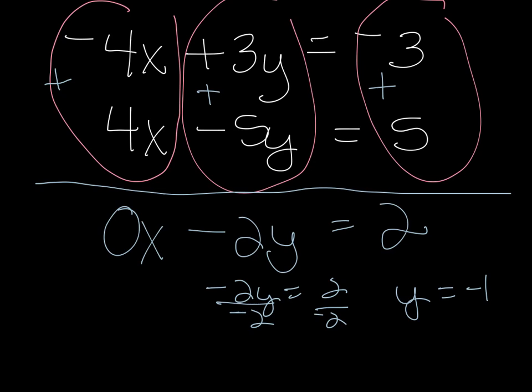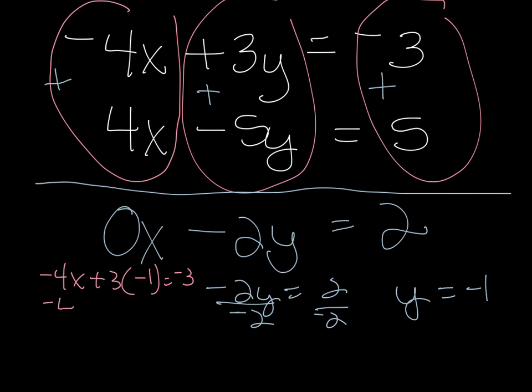Now, this method is called elimination, but we actually use substitution also, because once we have y equals negative 1, we have to take y equals negative 1 and plug it back into one of the original two equations and solve for x. So if I plug it in the top equation, I'm going to have negative 4x plus 3 times negative 1 equals negative 3.